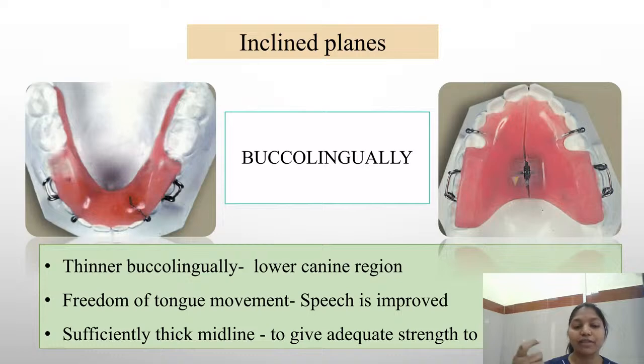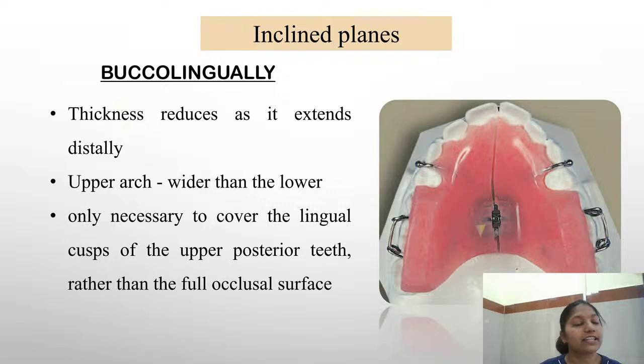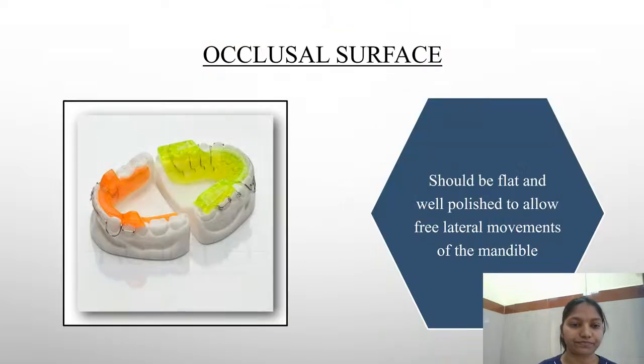Buccolingually, the thickness of the inclined plane should be thinner in the lower canine region, and it should be thick in the premolar region. It should be of sufficient thickness in the midline to give adequate strength to avoid breakage. As the block extends distally, the thickness reduces from the premolars to the molar, and the upper arch should be wider than the lower.